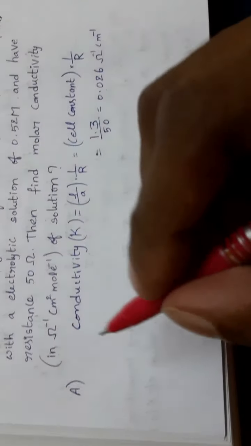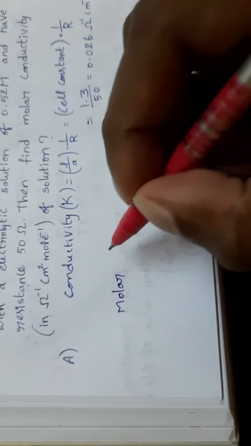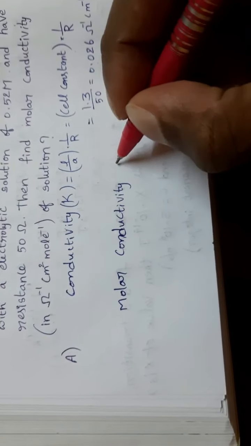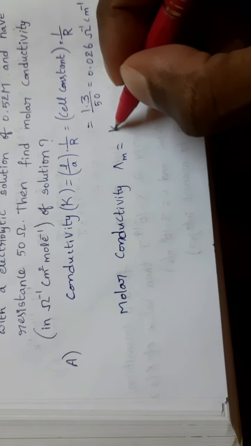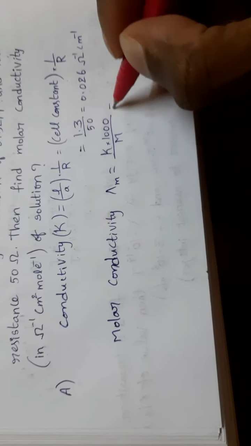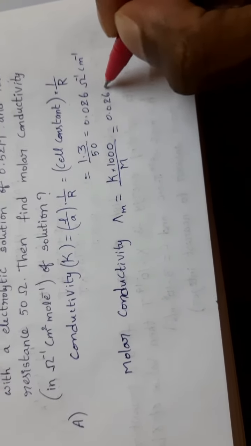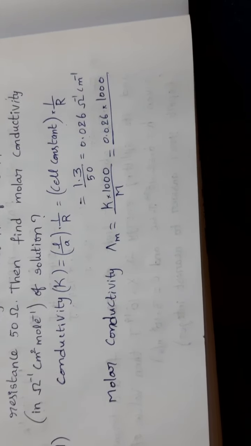Now molar conductivity, lambda m equal to conductivity kappa into 1000 divided by molarity. So the kappa value 0.026 into 1000 divided by molarity.